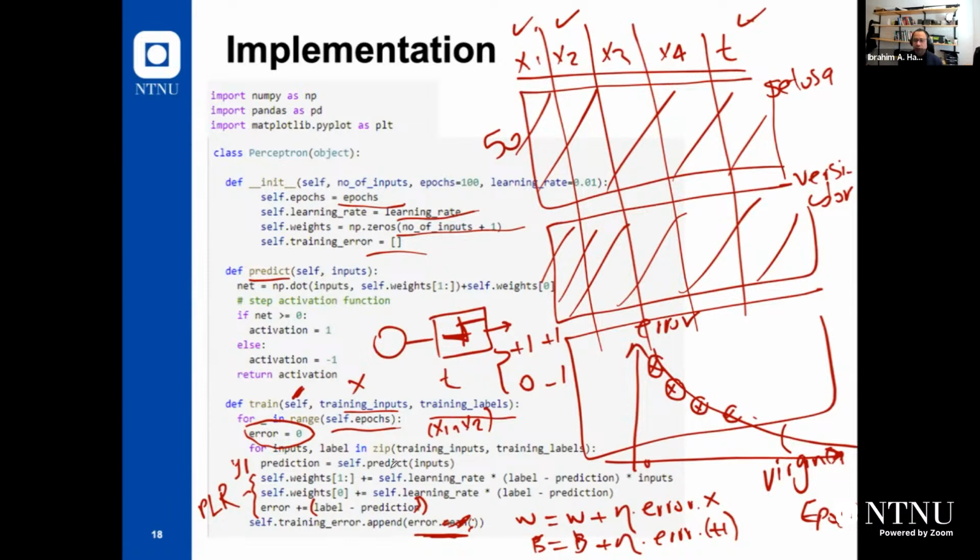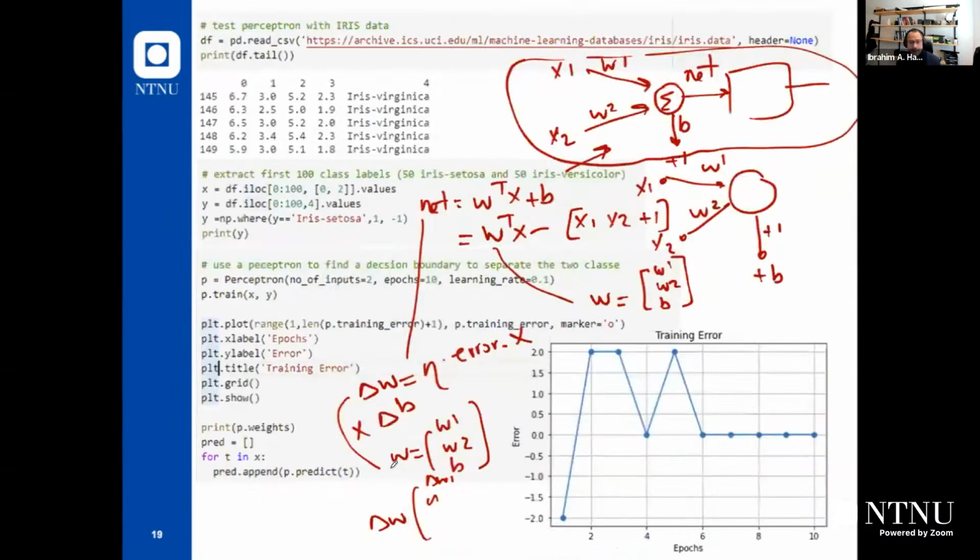Please try to make those changes so we can implement the perceptron learning rule and compare the weights after finishing the training, maybe for 20 epochs, for example. Now I will train my model here for 10 epochs. You see, the number of inputs equals 2, because we want to plot it in two-dimensional space, so we'll just use 2 inputs, x1 and x2.